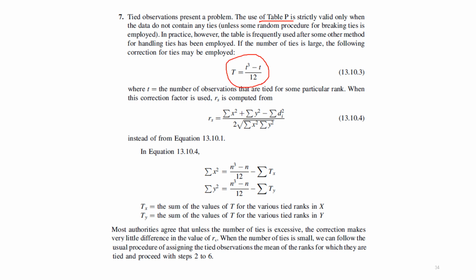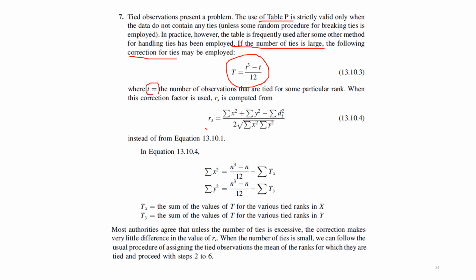The following correction is for ties. When the number of ties is large, we apply the correction for ties here. When we have a small number of ties, we assign tied values equal ranks instead of giving them different ranks.